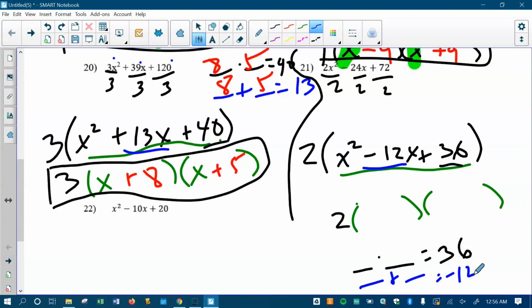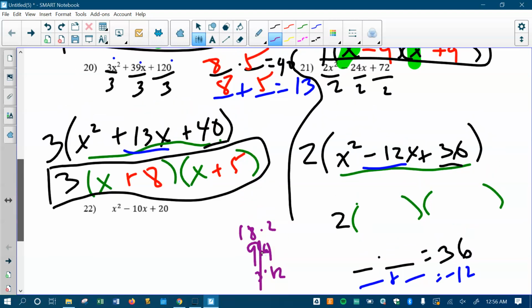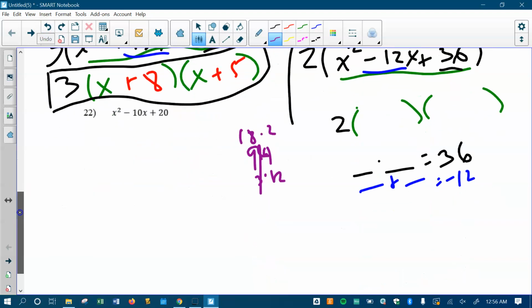Let me think here. The factors are, this one I don't really know off the top of my head, 9 and 4, or it could be 3 and 12, probably not 3 and 12. It could be 18 and 2, that's a good one. It could be 6 and 6, oh, that could be the winner. 6 and 6, I like 6 and 6.